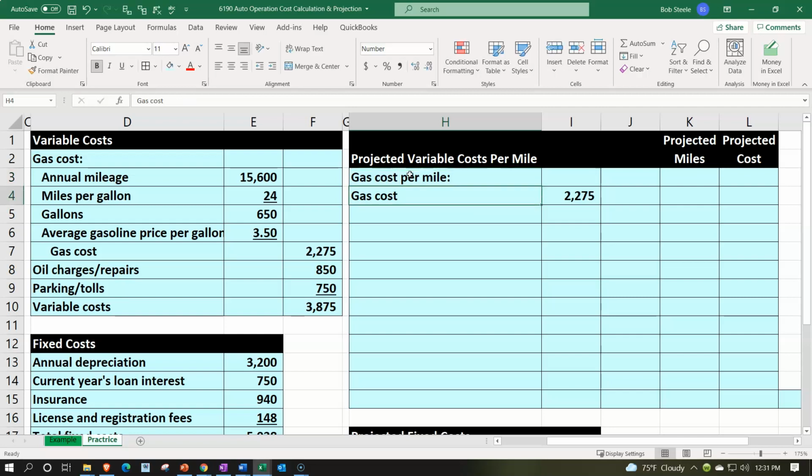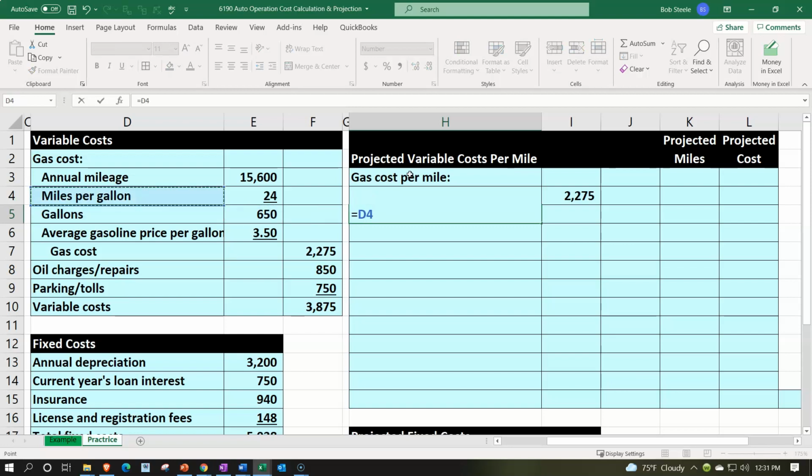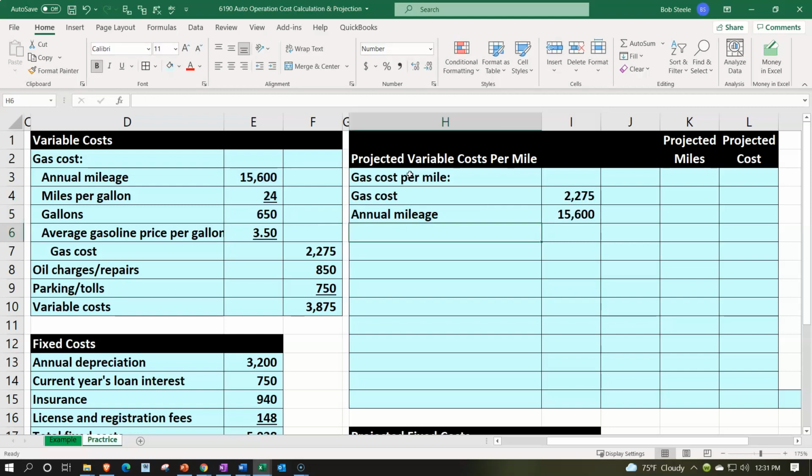That's better. Okay, and then we've got the miles that we drove. The annual miles equal to the 15.6. And so that's going to give us our gas cost per mile.